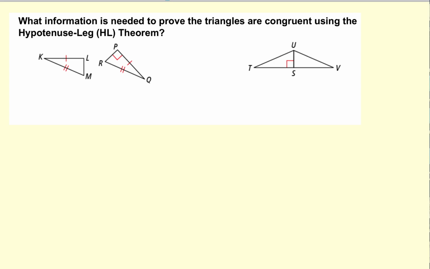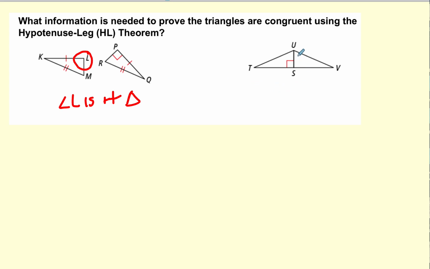Let's see if we have enough information to use it. It says what information is needed. Well, we have a right triangle here, but this is not indicated to be a right angle. So what we need is to be able to say that angle L is a right angle. Once we do that, then we are going to satisfy the HL theorem.